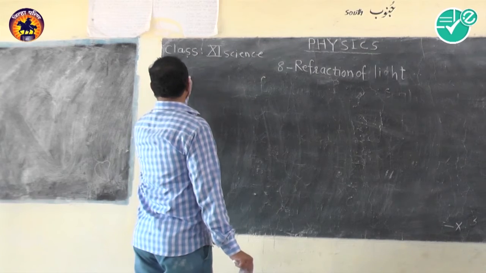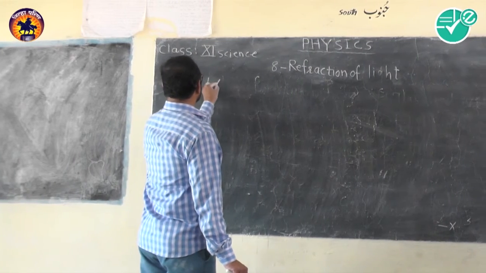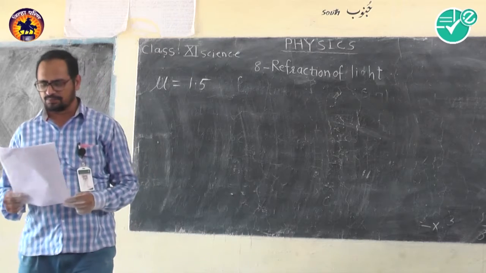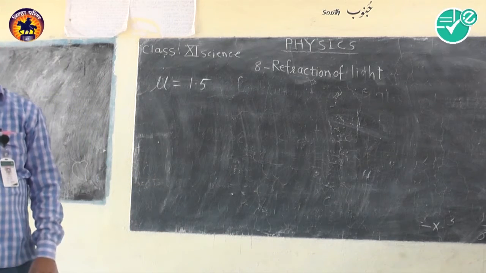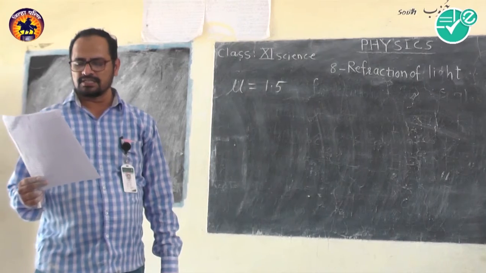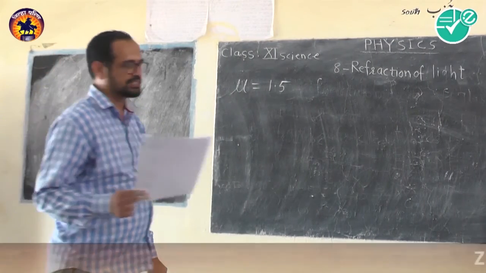So here mu is given, that is 1.5, for light whose wavelength in vacuum is 6000 angstrom unit.